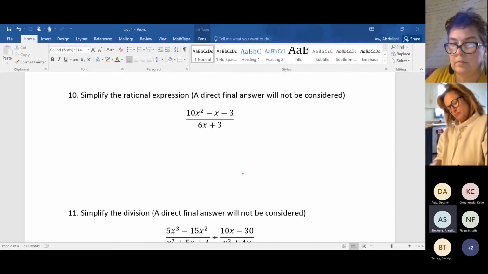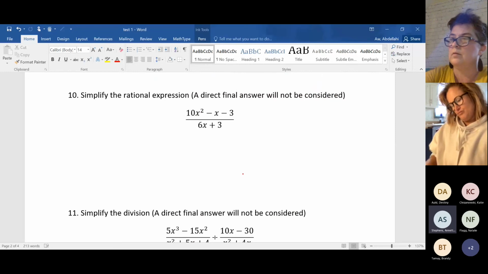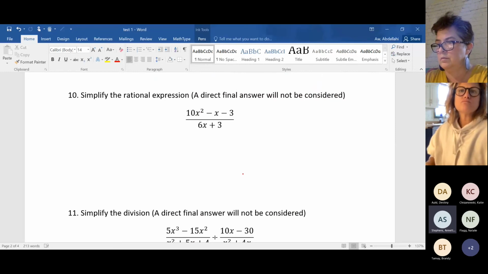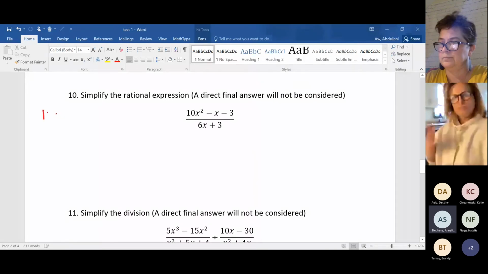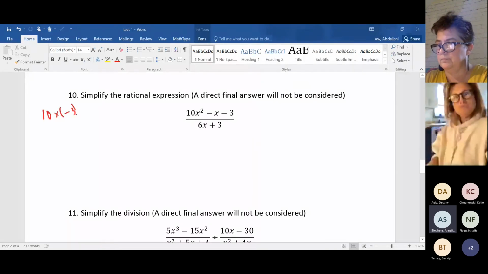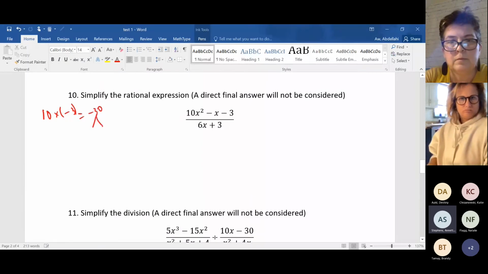But here, the numerator needs what method to factor? The AC method, thank you. The numerator will need, so 10 times negative 3 is negative 30. So what are the two numbers? That's going to give me negative 1.